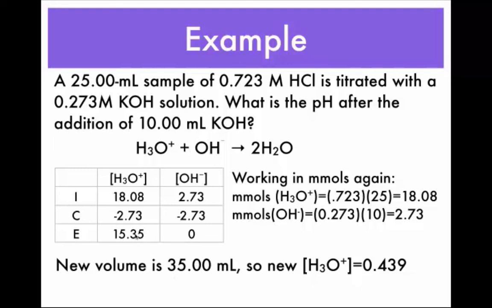We take our number of millimoles, divide by our milliliters, and we get a new H3O plus concentration, so we get 0.439. We plug that into our pH equation, and we get a new pH of 0.36. So still a very acidic solution, even though we've added quite a bit of base.